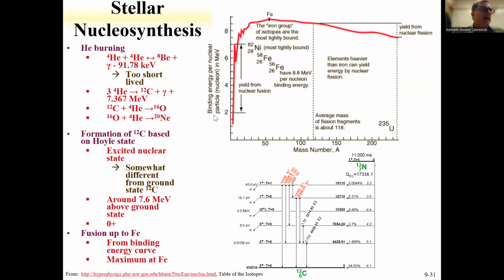It's called the Hoyle state, because a researcher named Hoyle was the one who proposed it. They see this state here, and it could kick out an alpha particle, but it can also emit photons to go back to carbon-12.